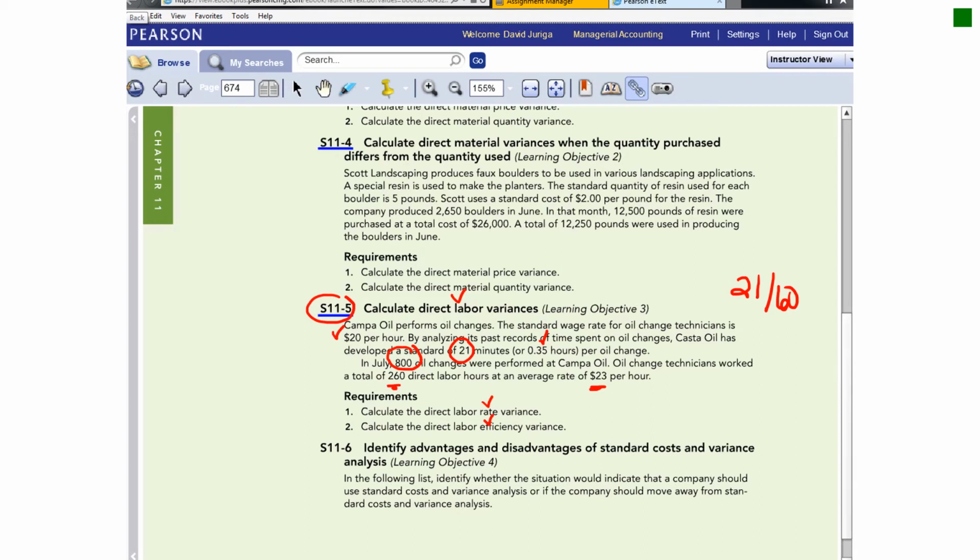Now, the one extra calculation you're going to have to do, at least in part 2, is when you do the efficiency variance. When they performed 800 oil changes, you're going to have to multiply that by 0.35 hours. That's going to give you your standard quantity number that you're going to compare the actual hours to. And again, we'll show you the exact numbers on the next slide.